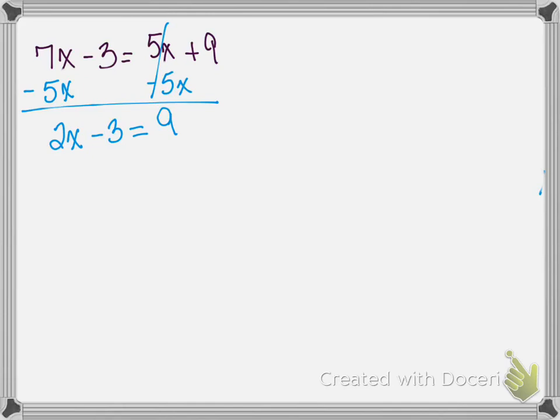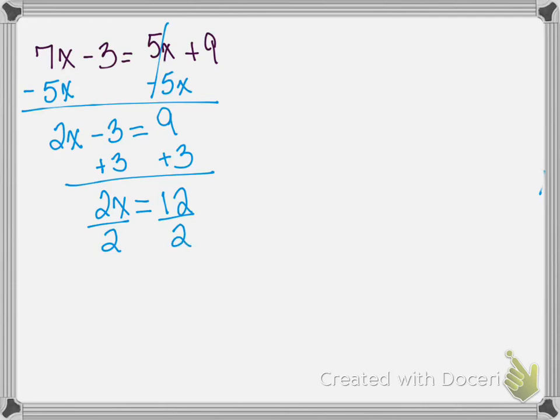Now I'm going to deal with my negative 3. I'm going to add 3 to both sides. And I'm left with 2x equals 12. Okay, my last step, divide both sides by 2.